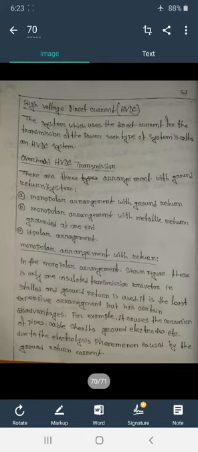Overhead HVDC transmission has three types of arrangement: monopolar with ground return, monopolar, and bipolar.